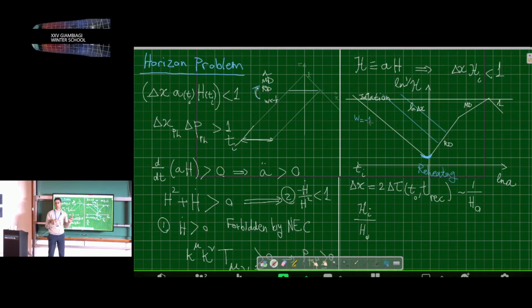Remember that if W is exactly -1, then we have just a de Sitter universe in which the Hubble expansion rate is constant, not changing. So if W is close to -1, still the Hubble constant H doesn't change that much. And therefore, this curly H, the co-moving Hubble parameter, would be approximately the same as the scale factor.